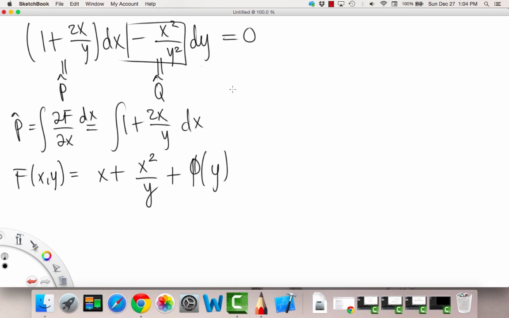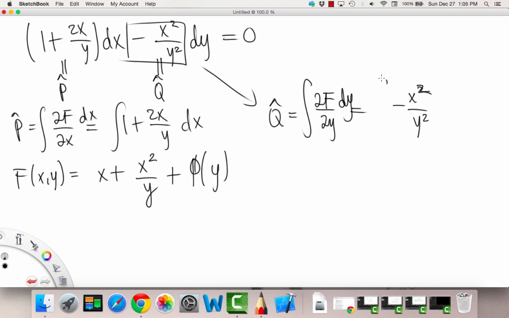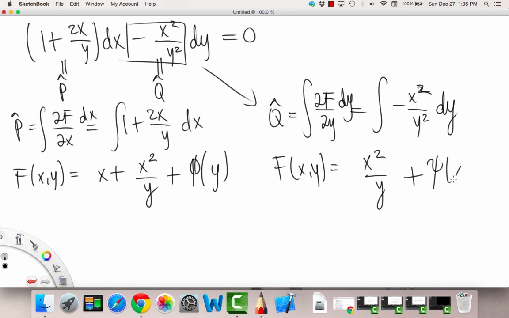Then going the other way, we have q hat is equal to del f del y, and that's equal to negative x squared over y squared. When we integrate with respect to y, we get another potential function, f of xy is equal to x squared over y, plus a single variable function of x.